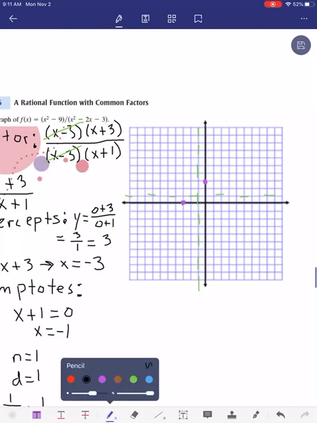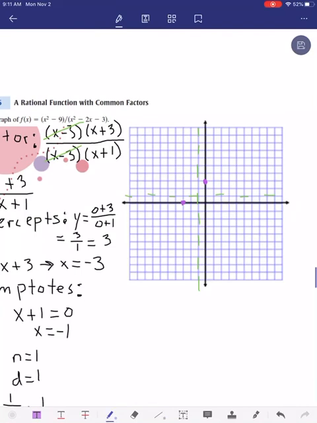So then our final step is to make our table. Again, choosing our values that are before, after, and in between. So notice that my first 0 is going to be at -3. So we want to pick something that's before that. So let's say -4. Then we need to pick something that's in between -3 and -1. So let's say -2.